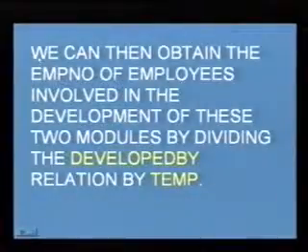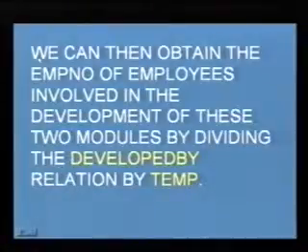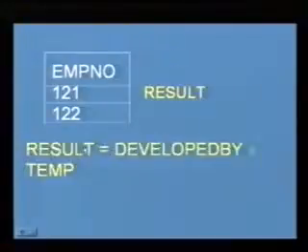After obtaining temp, we can then obtain the employee number of the employees who are involved in the development of these modules by dividing the relation developed by the relation temp. And the result will be employee number 121 and employee number 122. The result we will obtain is result is equal to developed by divided by temp.